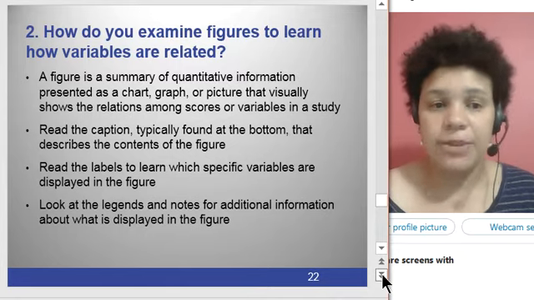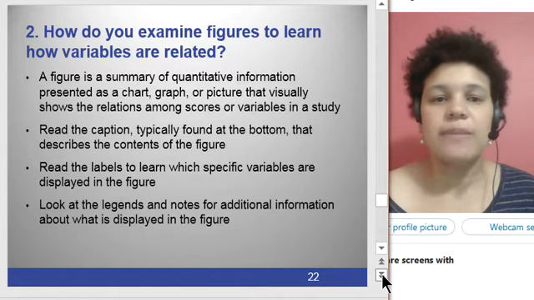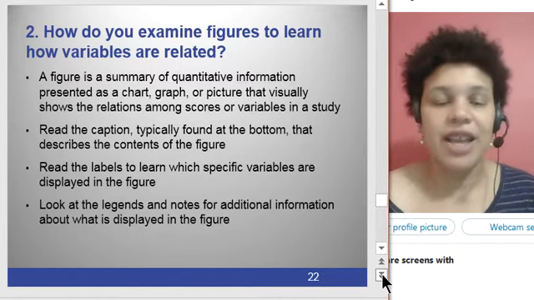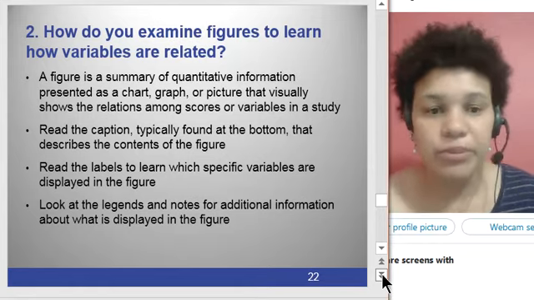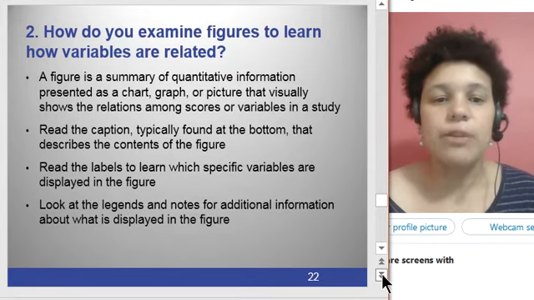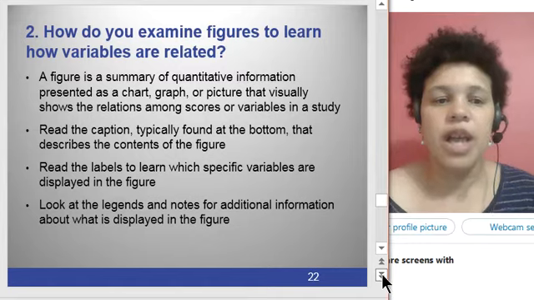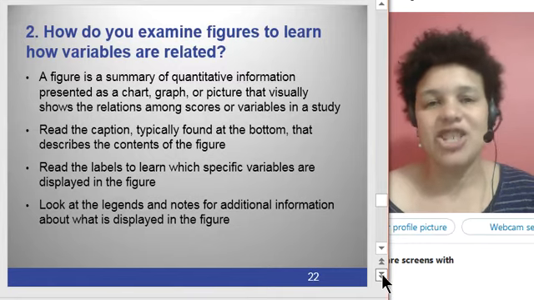You want to read the caption, typically found at the bottom, that describes the contents of the figure. Sometimes it's helpful, sometimes not. Again, figure 2, not that helpful. Read the labels to determine which specific variables are displayed in the figure, and that's pretty important. And look at the legend and notes for additional information.